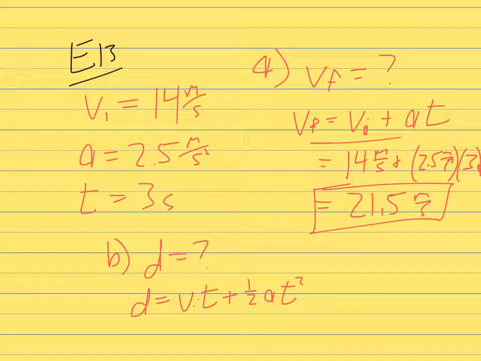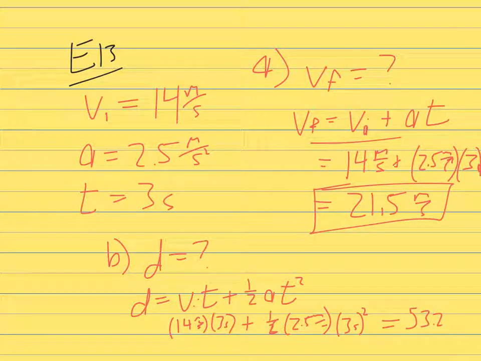And we know all of those things. The initial velocity is 14 meters per second. Time is 3 seconds, plus 1/2 the acceleration, 2.5 meters per second squared, times the time, 3 seconds, squared. When we plug all of those numbers in, we'll find that it has moved a distance of 53.25 meters.